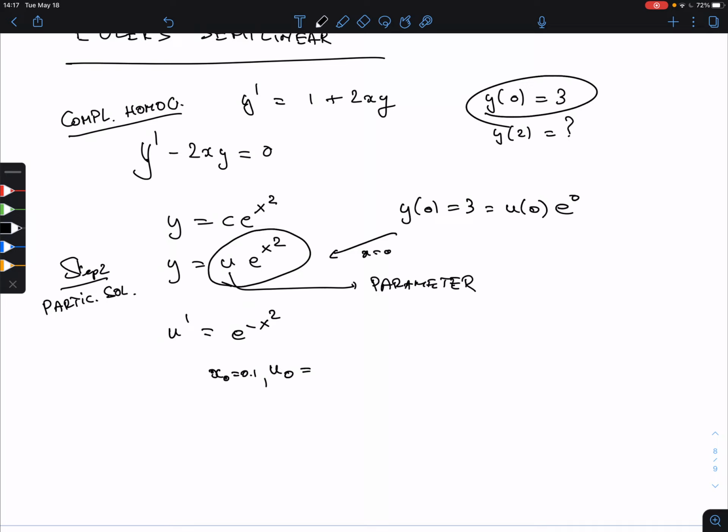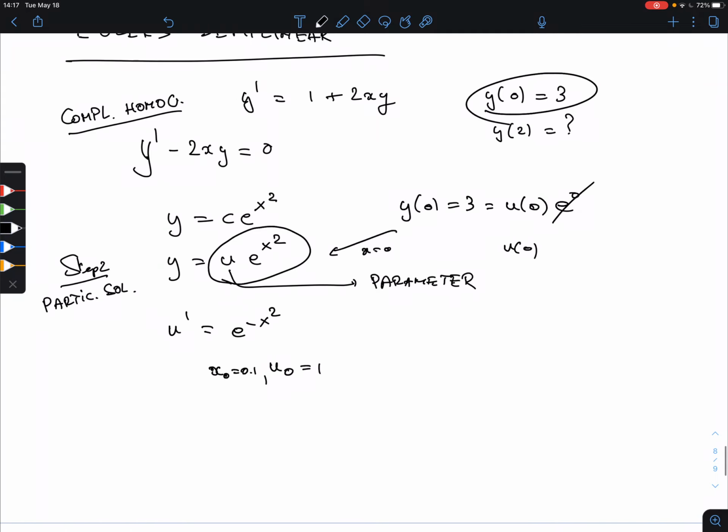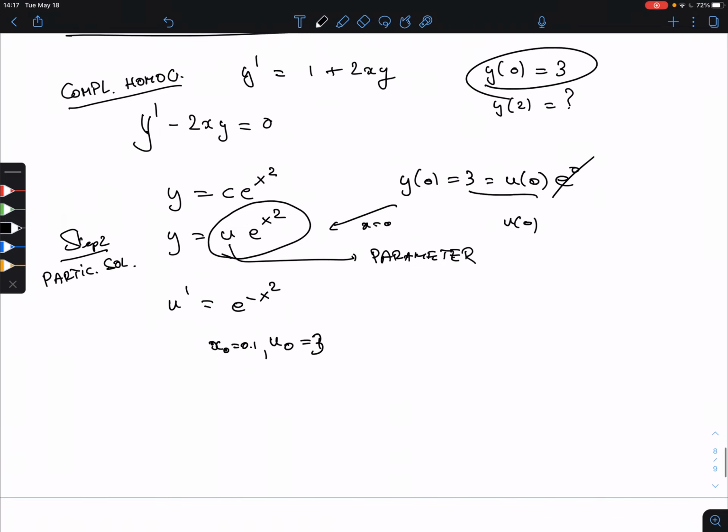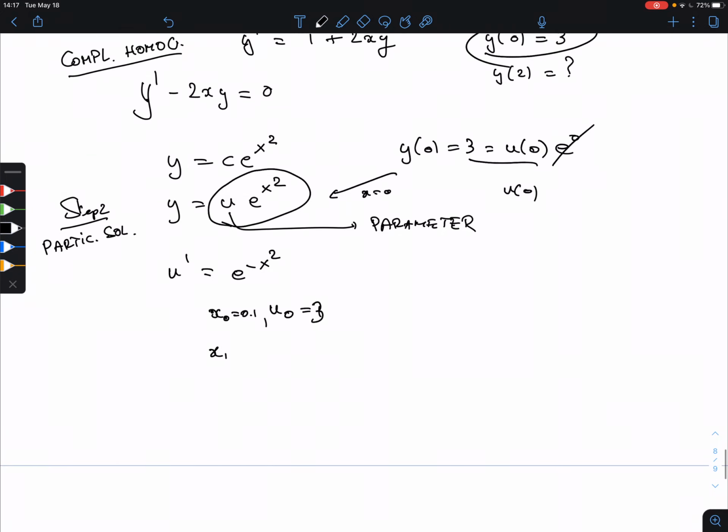So 3 equals u0 times e to the 0, so I see that this is 1. I see that u0, which we call u superscript 0, is also 3, okay. So now we have to calculate x1. x0 is 0, we started at 0, x1 is 0.1, we're going to do step 0.1.